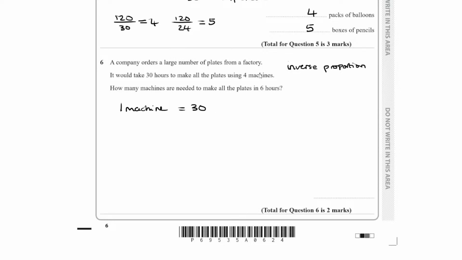So it's 30 hours for 4 machines because they're all working at the same time. If I only have one machine, that's going to take 4 times as long, isn't it? Which is 120 hours. So if I've only got one machine, it's going to take me 120 hours to make the same number of plates. Now this one's actually asking how many machines are needed to make all the plates in 6 hours. So then you can divide it.